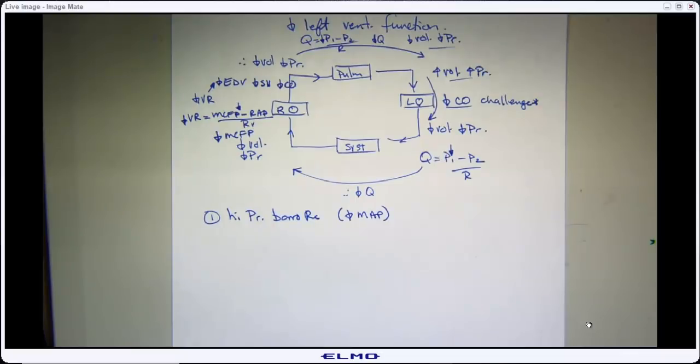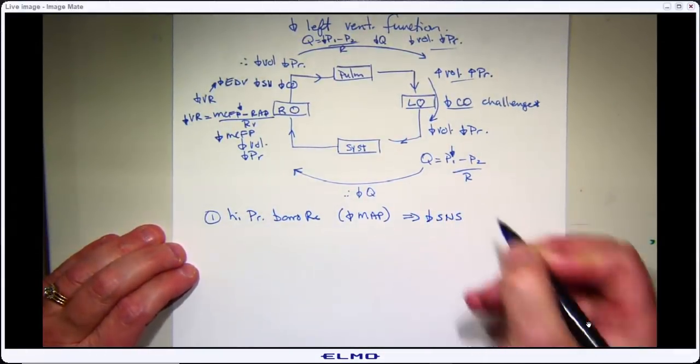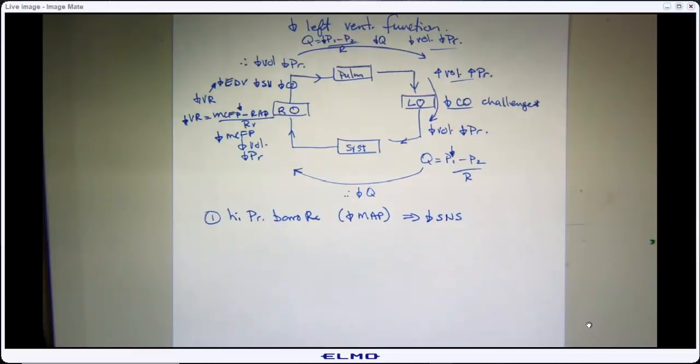Which way are you going to put it? Up, down, stays the same. You want it to go down? Okay, so we're going to drop our sympathetic nervous system. We're good with that? You're going to increase.